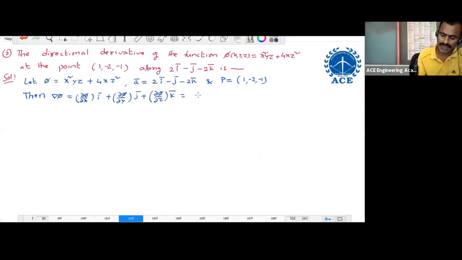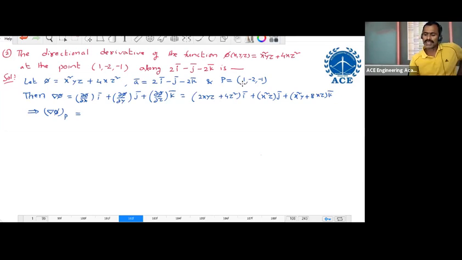This is equal to, phi with respect to x is 2xyz plus 4z square into i bar, plus with respect to y is x square z plus 0 into j bar, plus with respect to z is x square y plus 8xz into k bar. But we require this at a particular point, del phi at P. That is, substitute x equal to 1, y equal to -2, z equal to -1.